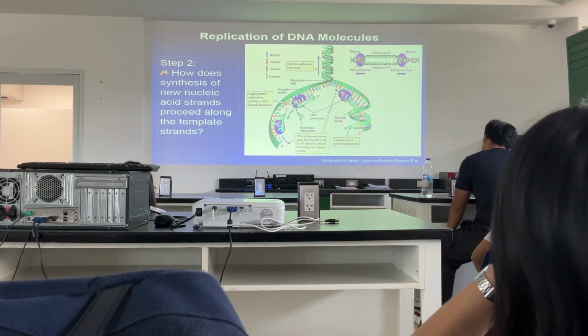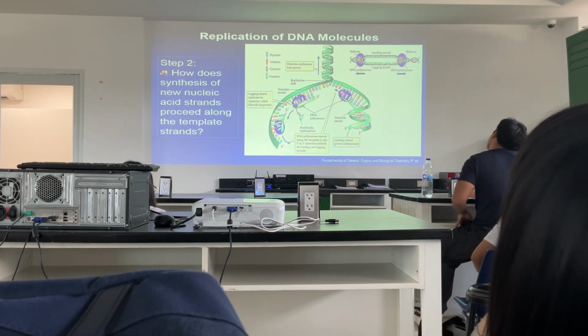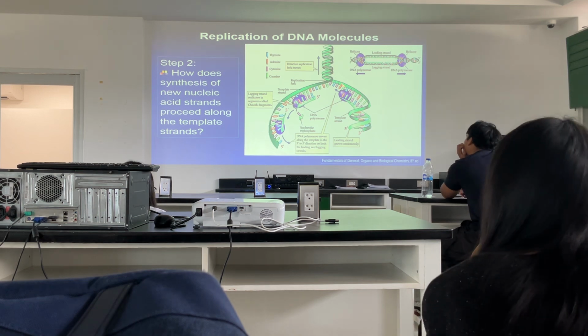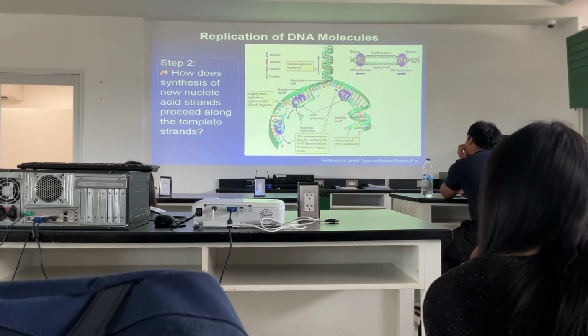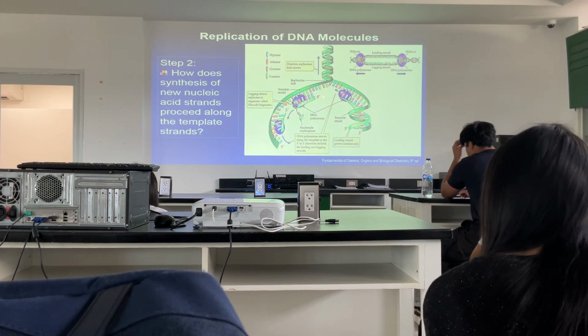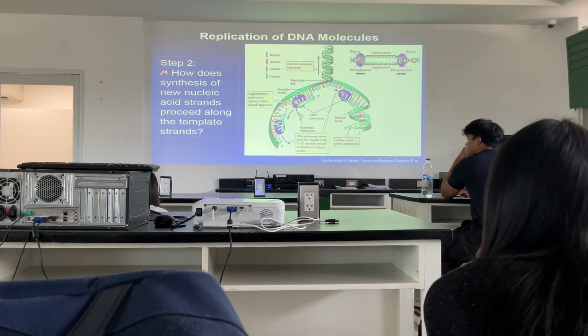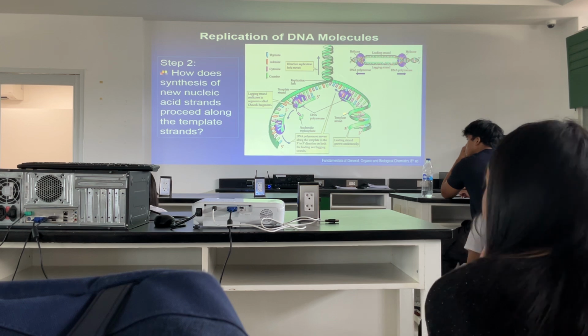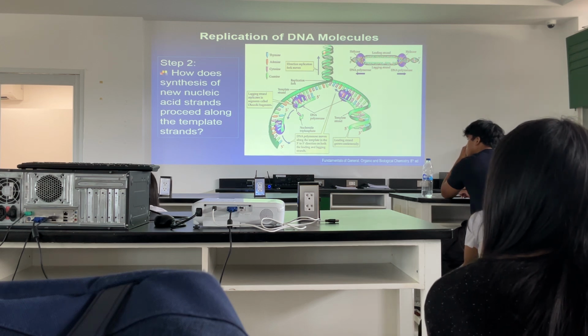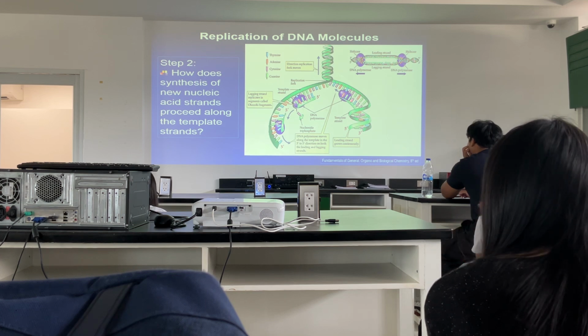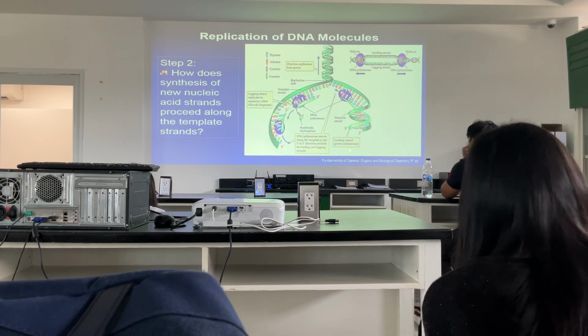So synthesis will start from here, moving down. So it is going away from the direction where the fork is moving. That's why synthesis of the new strand will occur in fragments, compared to the leading strand, because synthesis of the new strand is along the direction where the replication fork moves. So that's why synthesis in the leading strand of the new polynucleotide chain will occur continuously.